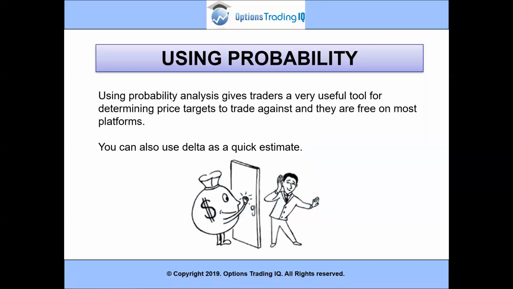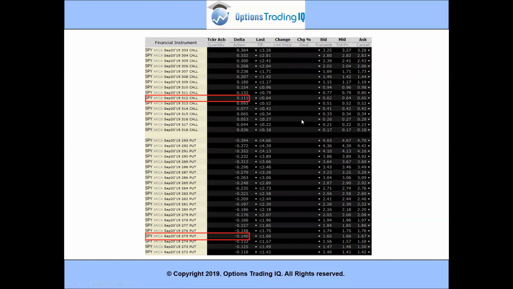Okay, so using probability analysis gives traders a very useful tool for determining price targets to trade against, and they are free on most platforms. You can also use delta as a quick estimate. I'll explain how to use delta as an estimate for probability on this slide here. So here we've got some SPY options.